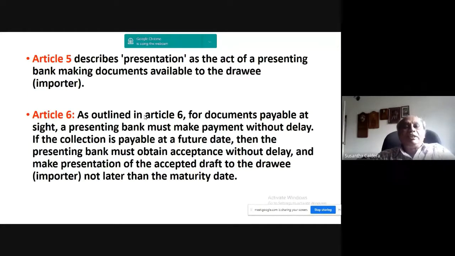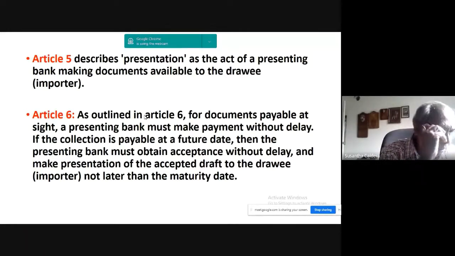Article 5 describes presentation as the act of presenting bank making documents available to the drawee or the importer. Article 5 talks about the presentation, right?